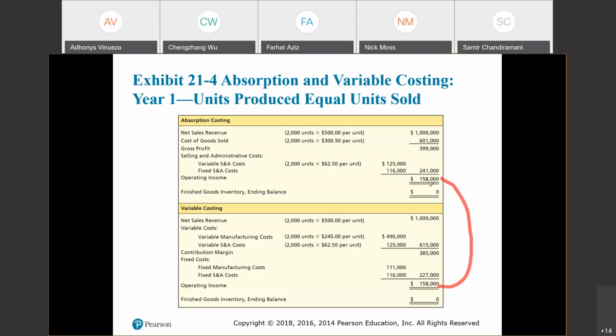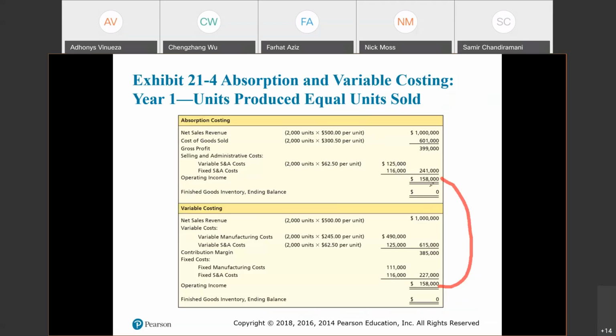So now let's look at the calculation in variable costing.